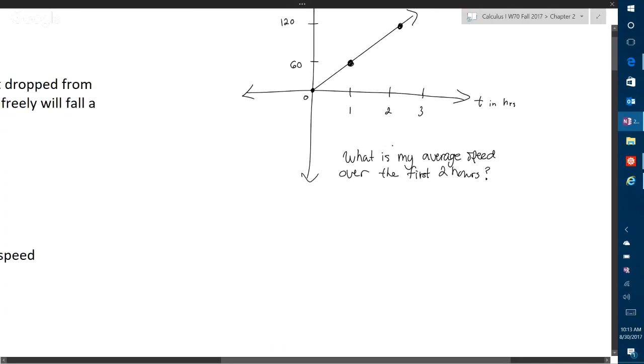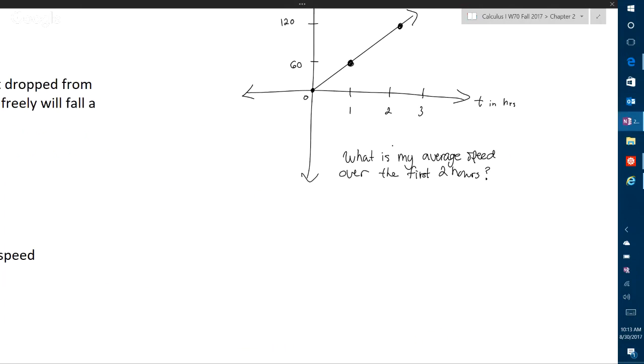The reason why I pose the question like this, over the first 2 hours, is I'm trying to imply some type of interval, starting from 0 going all the way to 2. Is that clear? Okay.